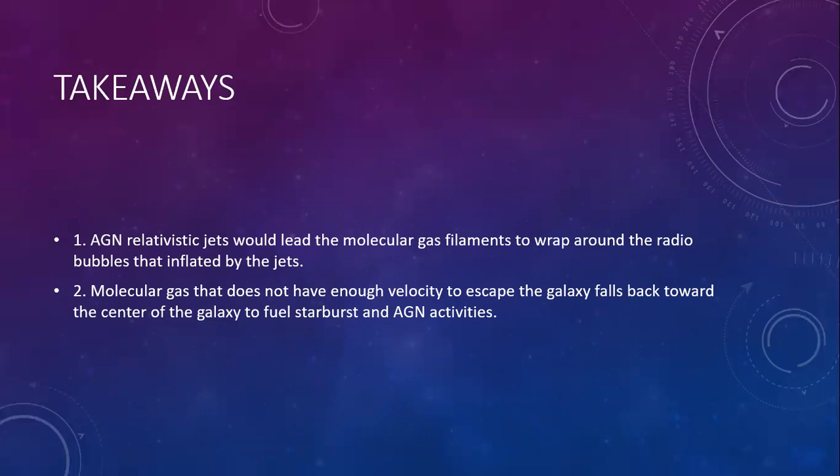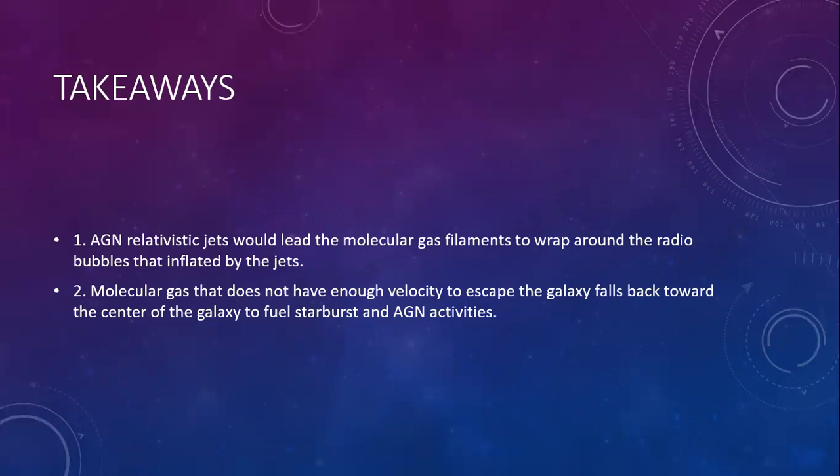Also, the velocity gradients of different components and the width of the lines imply that the molecular gas does not have enough velocity to escape the galaxy, and therefore it eventually falls back into the center of the galaxy and causes the extreme starburst at the center, which we've mentioned a few pages before.